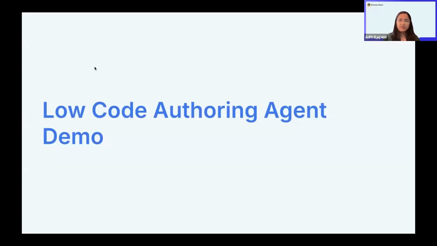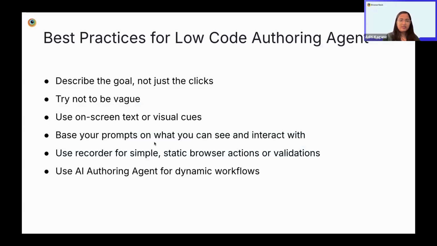And then we demoed. There are some best practices that I wanted to cover for using the low-code authoring agent or the AI authoring agent. We want you to describe the goal altogether that you're trying to achieve, not just the clicks.